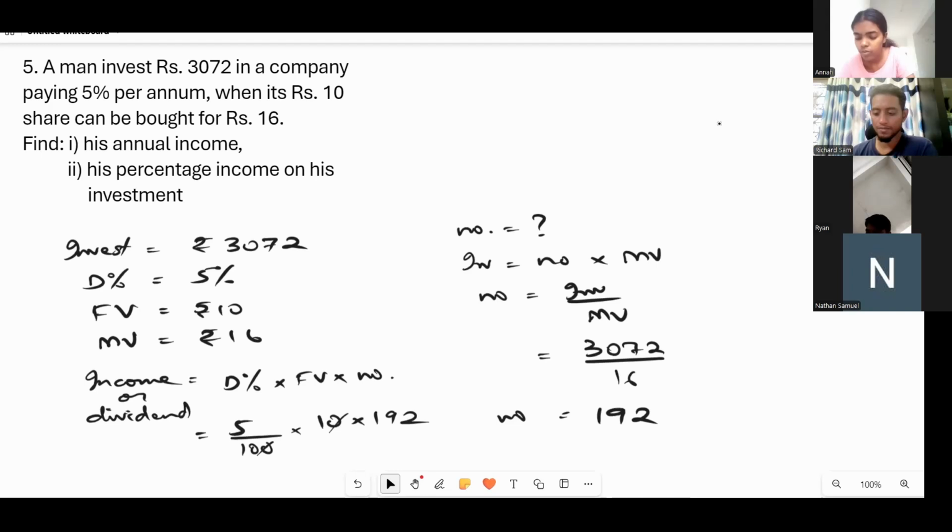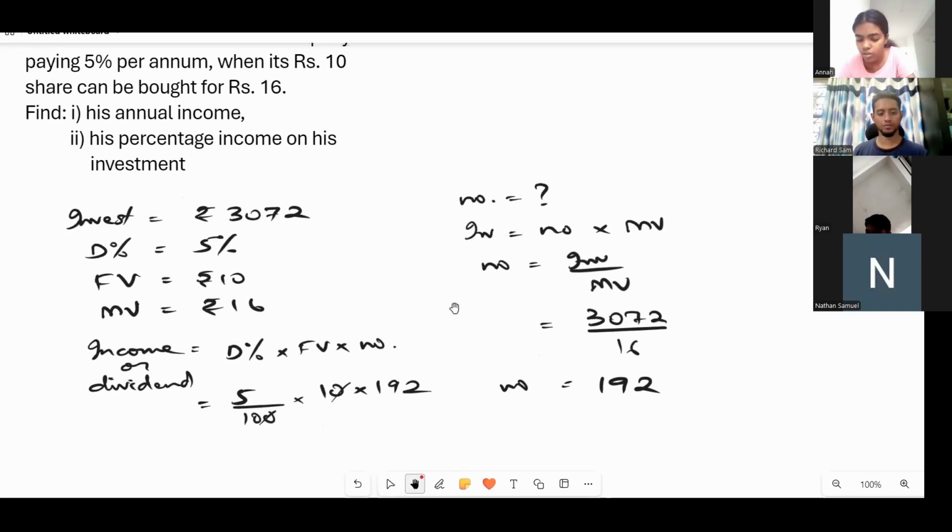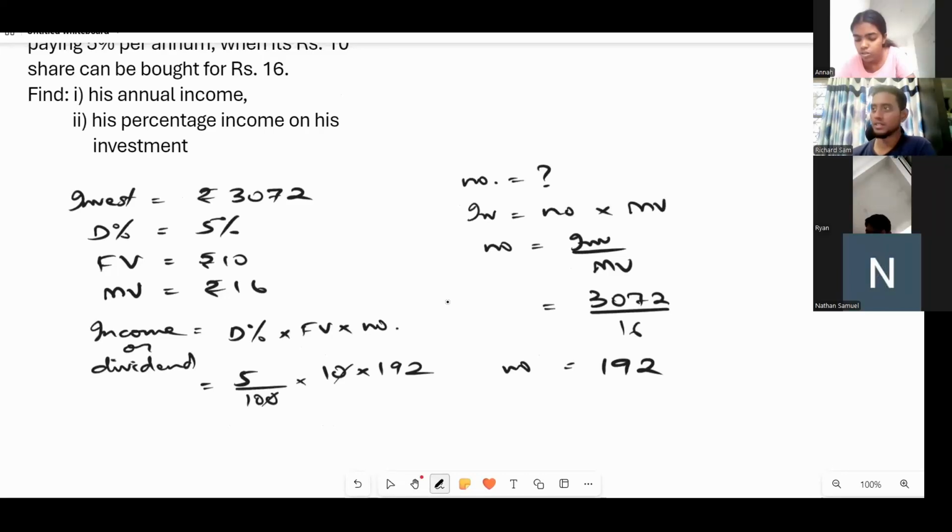So 192 into 5. 5 and 10, okay, cut all the way, right? So 1, 2, and then 2 and 192. 2 9s are 18. 2 6s are 12. So rupees 96.